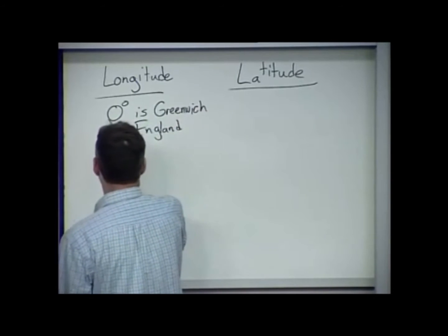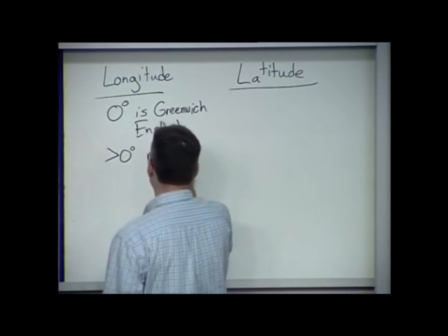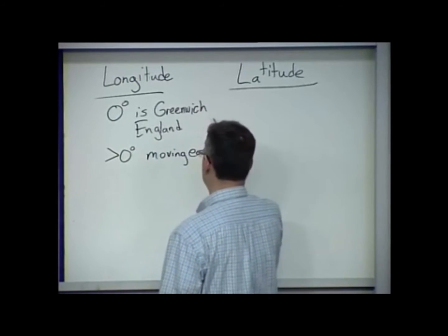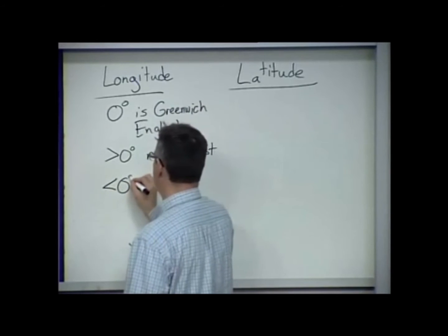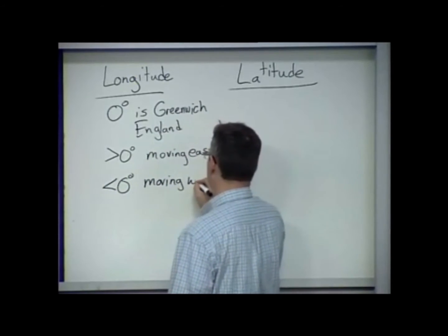If you have positive values, you are moving east of Greenwich. And if you have negative values, you're moving west of Greenwich.